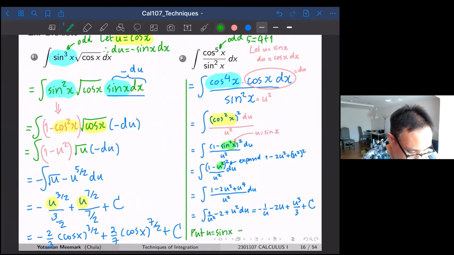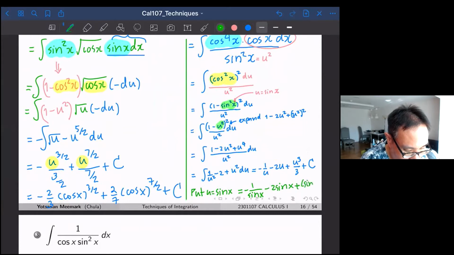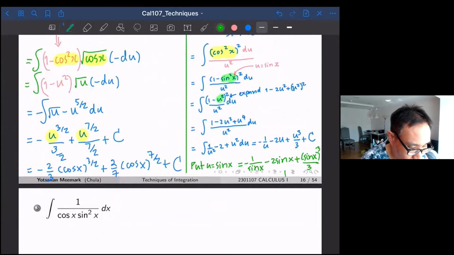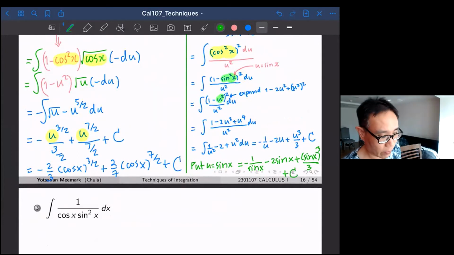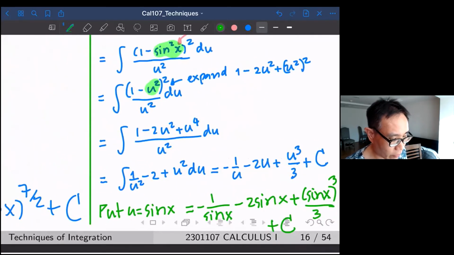So this will be 1 over sine x, negative, minus 2 sine x plus sine x to the third over 3, plus c. That's all. This is how you obtain the final answer.